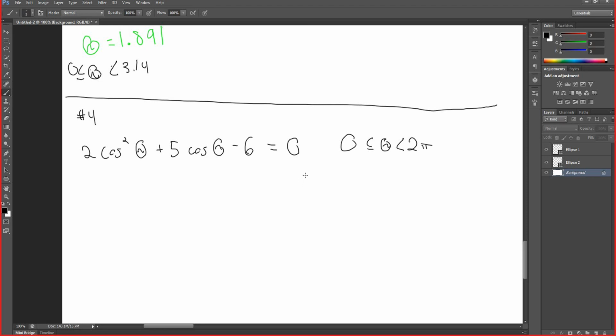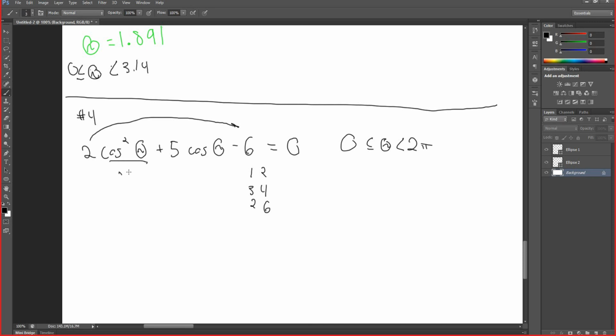This one's actually going to show why we have to use the quadratic formula. If I were to try to do the factoring, I would have 2 times negative 6, which is negative 12. There are no factors for 12 that would get us to 5. So we're going to have to use the quadratic formula.